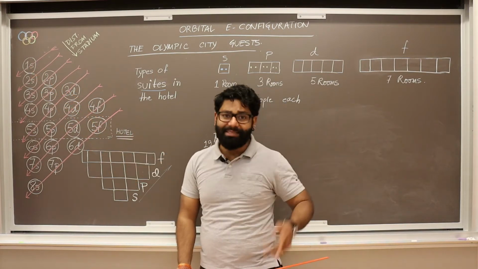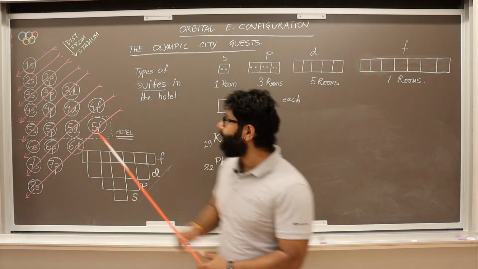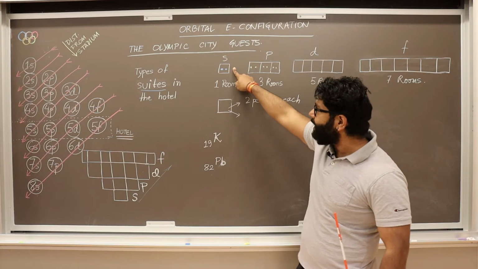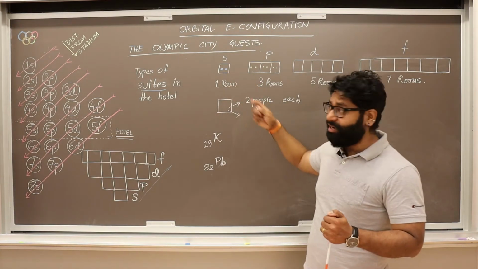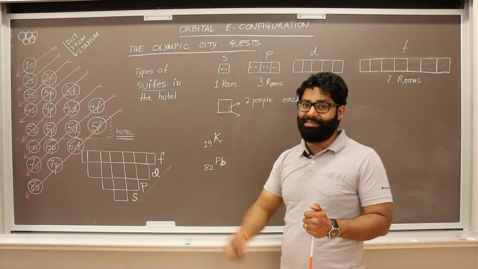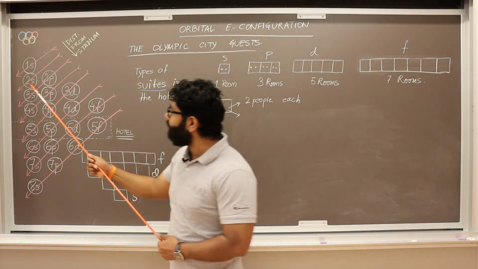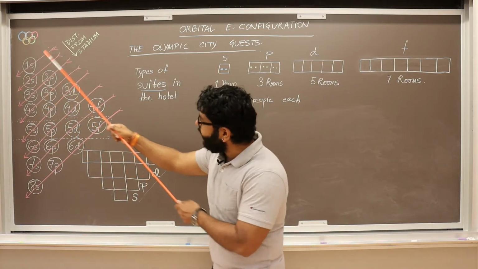Now what happens to the next guests that come? 1S is full, right? S only had 1 room and 2 guests are already inside. So the third guest that comes is going to check in to 2S. And that is why I have these arrows.